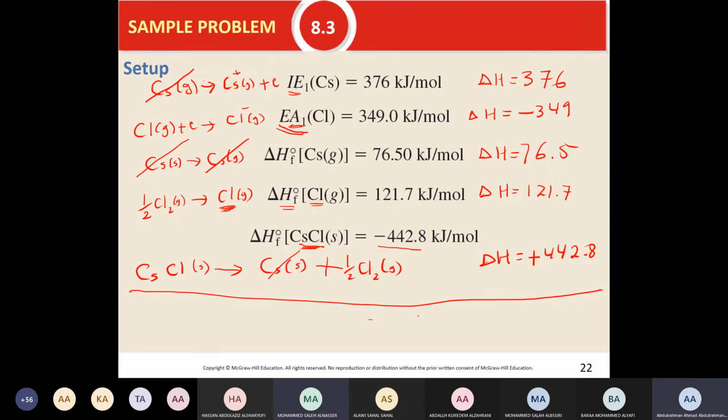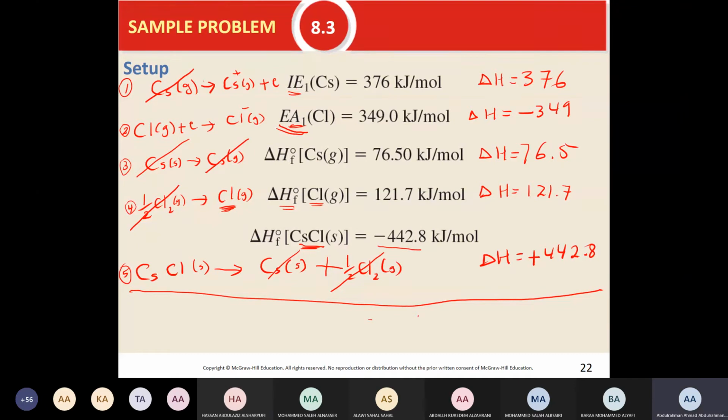Let's number these reactions: 1, first reaction, second reaction, third, 4, and 5. What else can you cancel? Half Cl2 from 4 with 5.